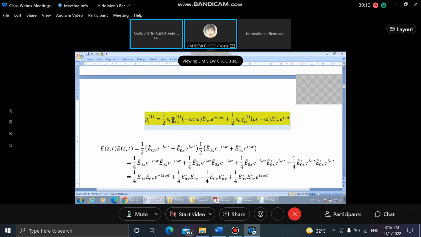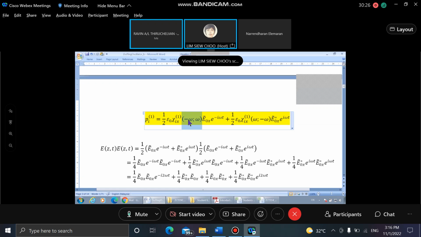It is compulsory to write the chi, x1, or when it is 1, this is 1 also. You have to write it also.